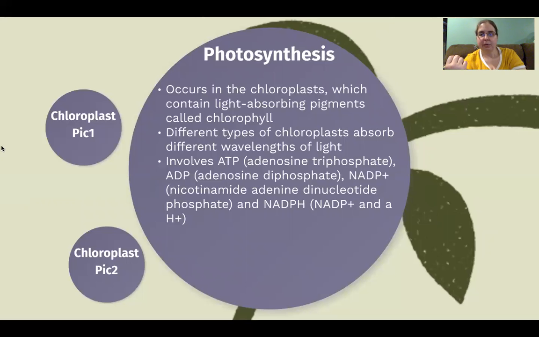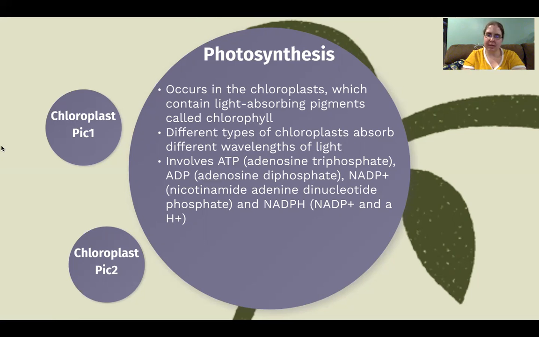Now, there are different types of chlorophyll, and that's based on what kind of light each type can absorb. Remember, you might have already learned that light is part of the electromagnetic spectrum. So it covers all the different kinds of EM waves, such as UV light, infrared, gamma radiation, radio waves.